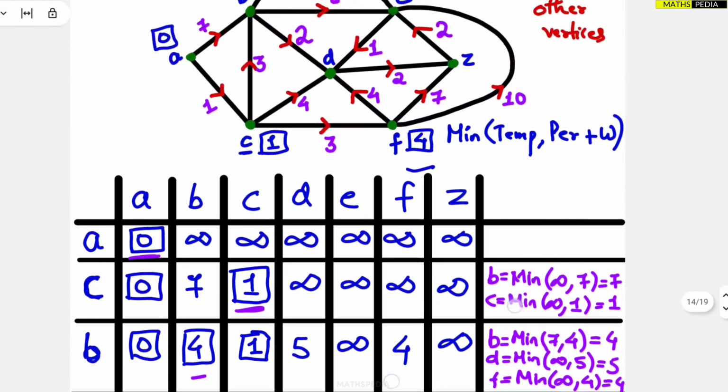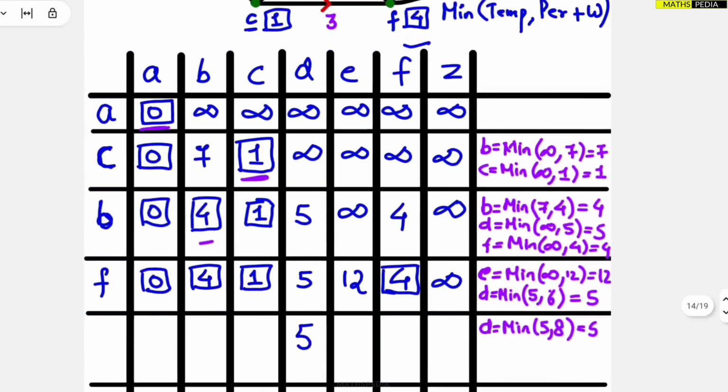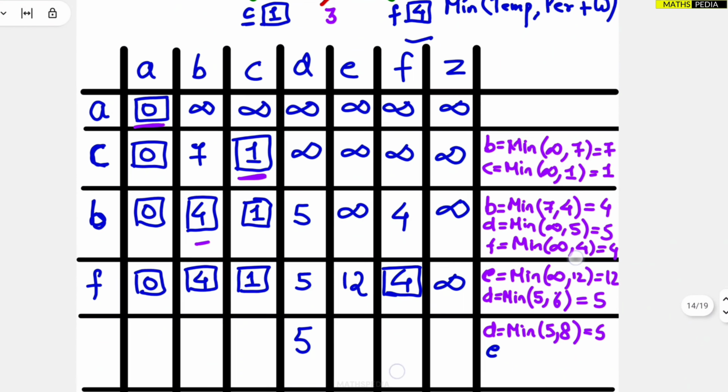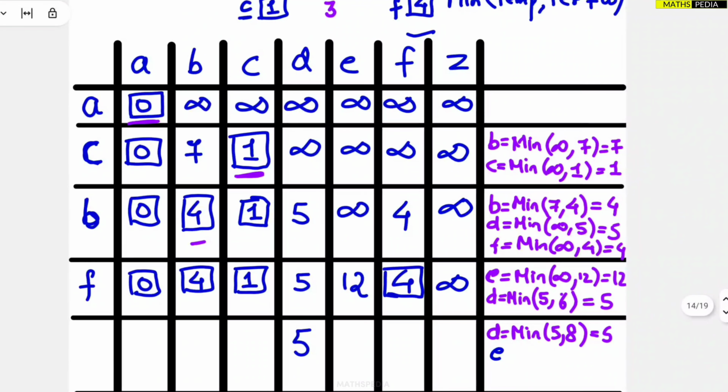Now we have to calculate next for E also, Z also. So I will go with E. E is equal to minimum value of temporary variable of E. It is 12.